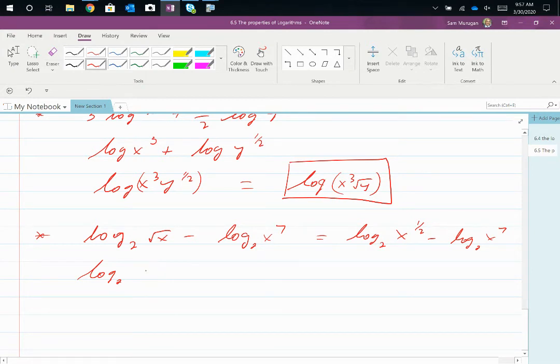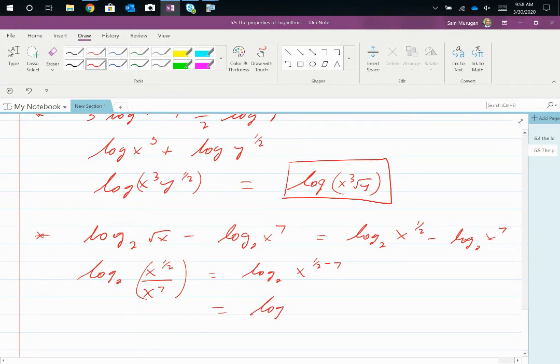So applying that quotient rule here, we have x to the power half over x to the power 7, which equals log base 2 of x to the power half minus 7.